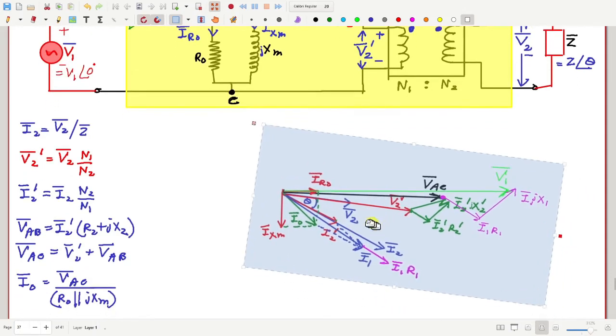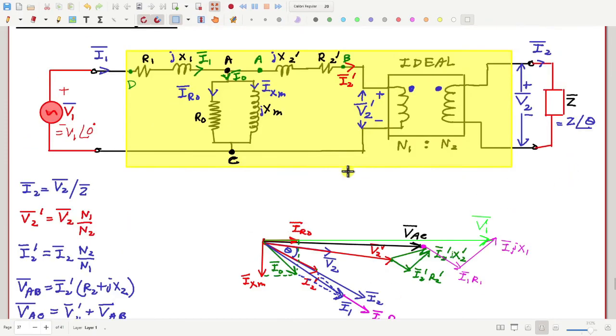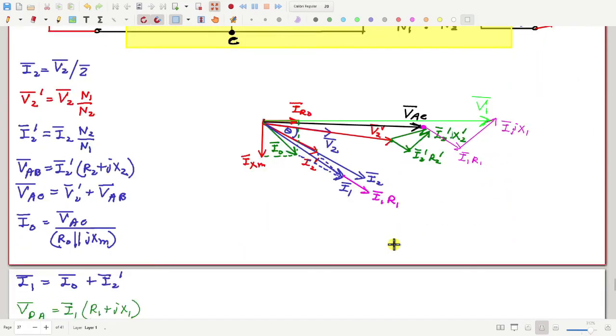Once these two are done, this diagram represents the correct phasor diagram of this transformer. Now this V1 represents the true input voltage according to the given input voltage, and this V2 is automatically decided from V1. So this is one way of drawing the phasor diagram of a transformer.